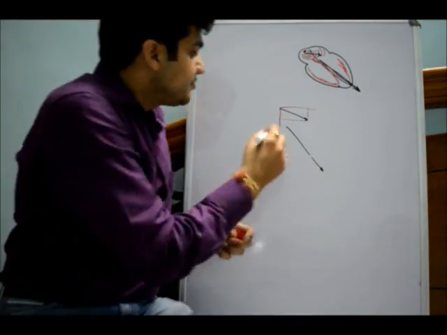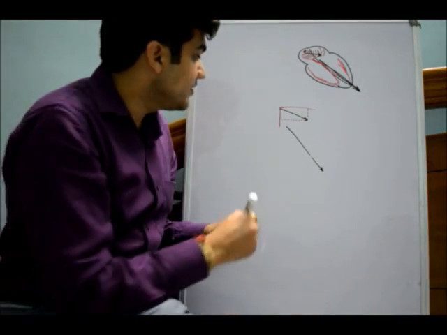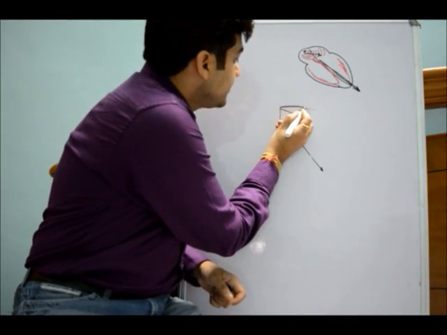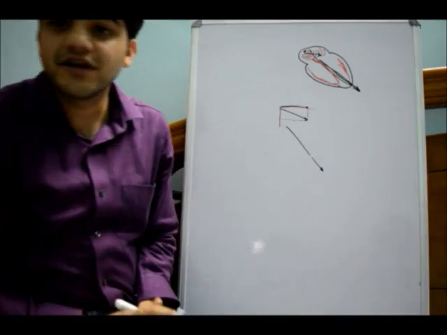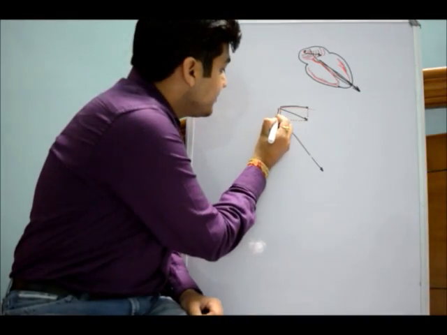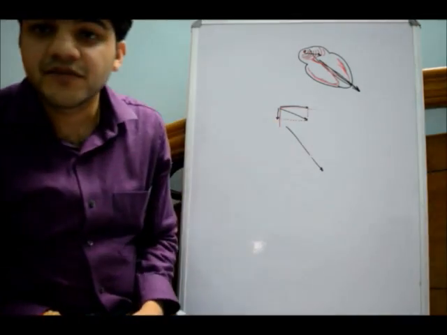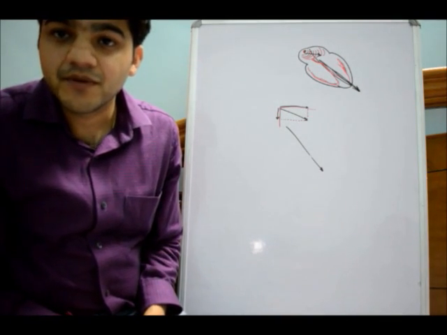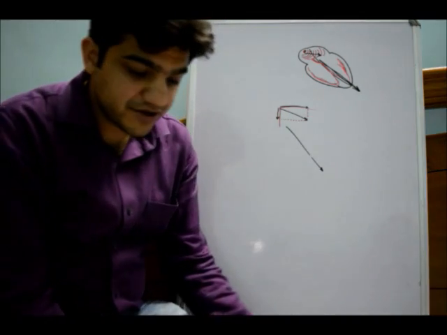So this much would be the projection of this vector along the x-axis, and this much would be the projection along the y-axis.